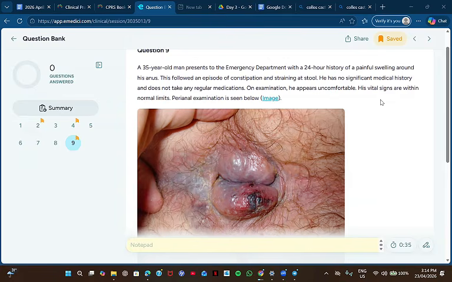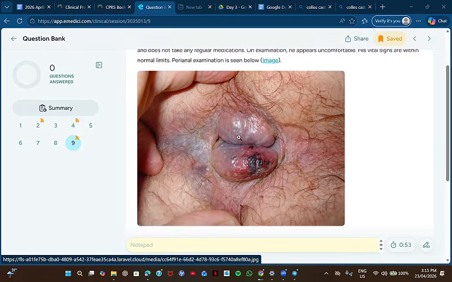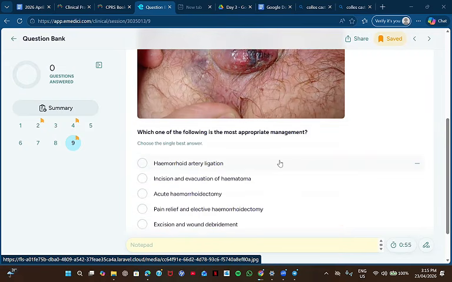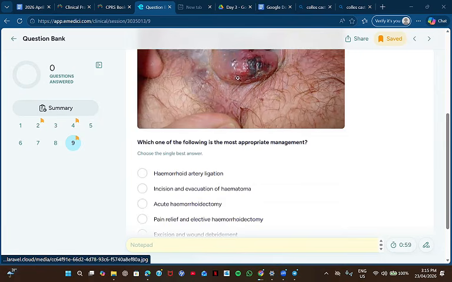So this followed an episode of constipation and straining on stool. He has no significant medical history and does not take any regular medication. On examination, he appears uncomfortable. His vital signs are within normal limits. Perianal examination is seen below here. Which one of the following is the most appropriate management here?